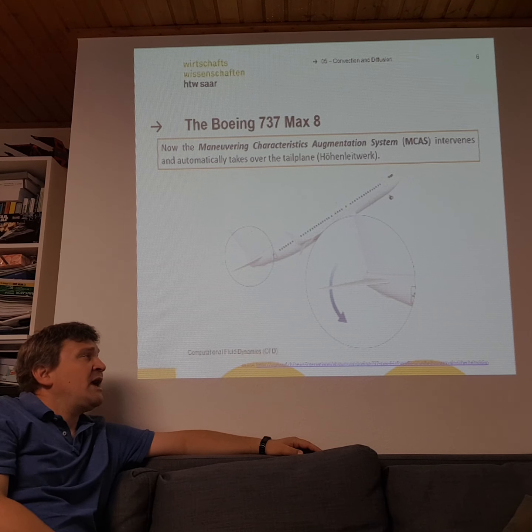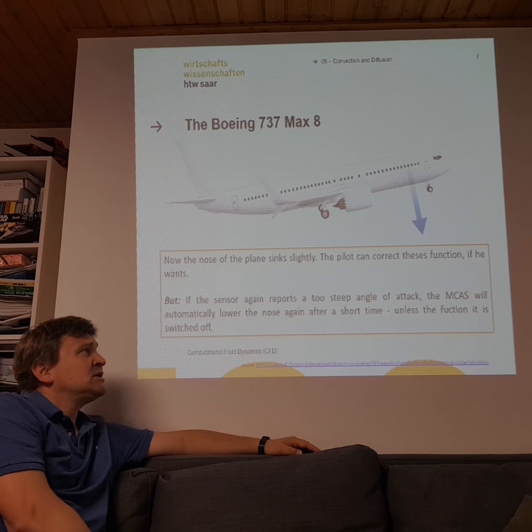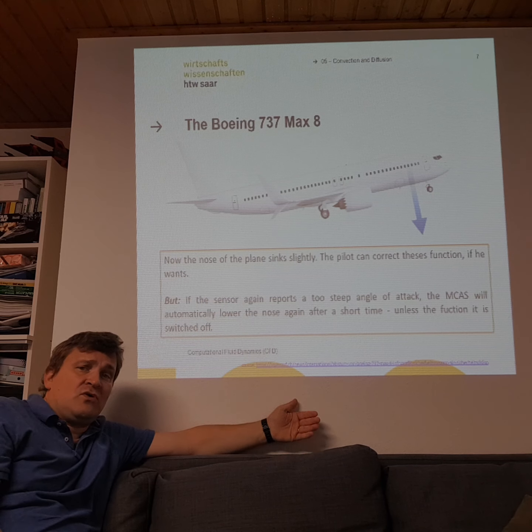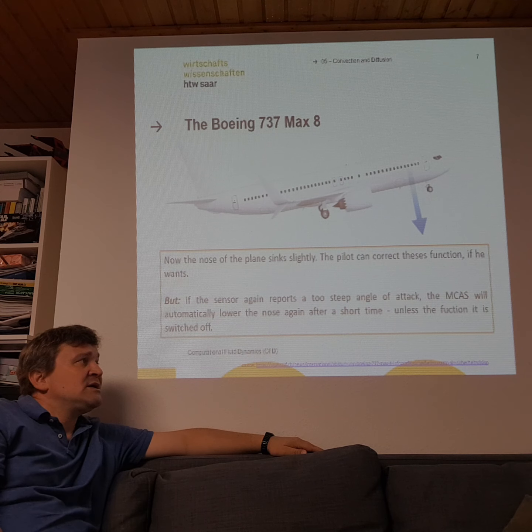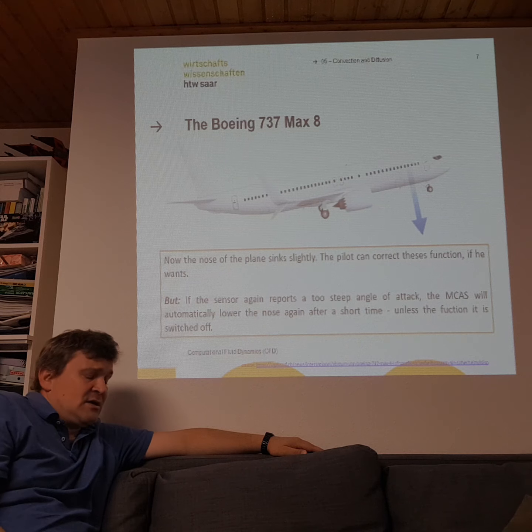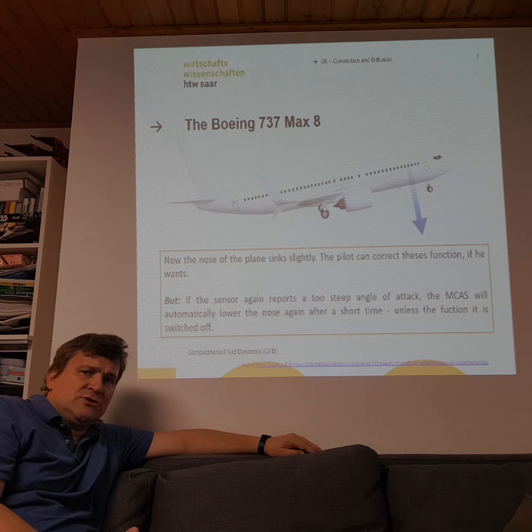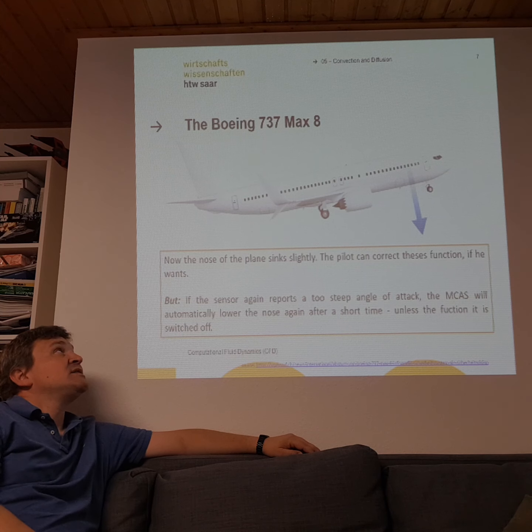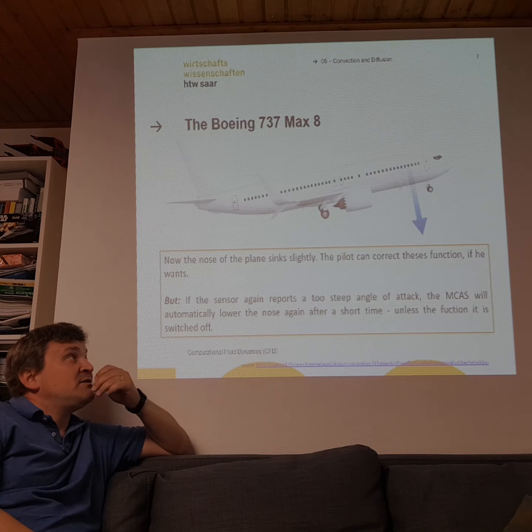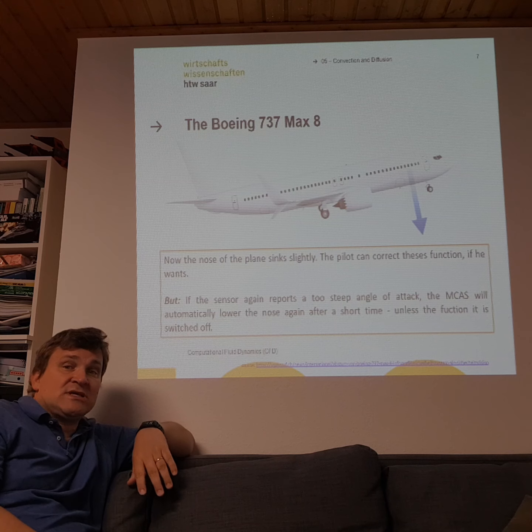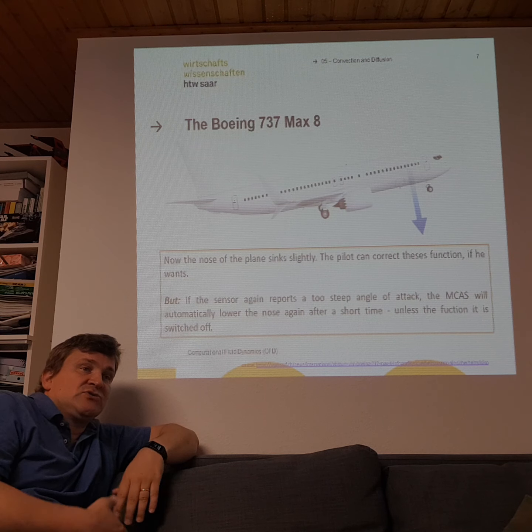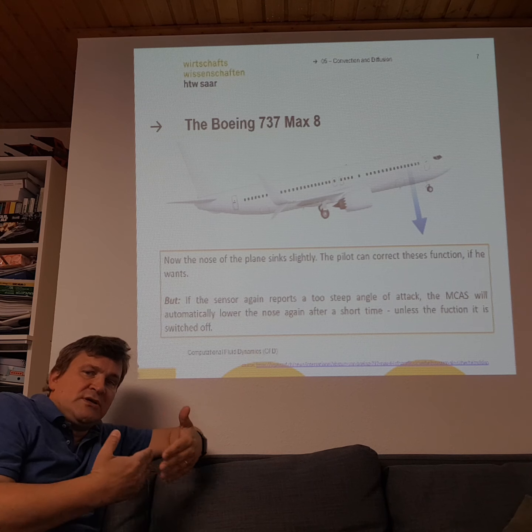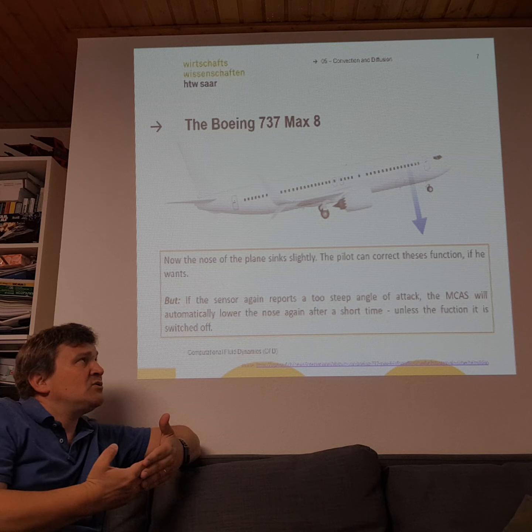autonomously, and it pushes down the nose to get more lift force at the wings. But then a problem occurred. Maybe you know it from the news, from the newspapers, that Boeing had a problem with the sensors, and the sensors did not detect this pressure drop really well.